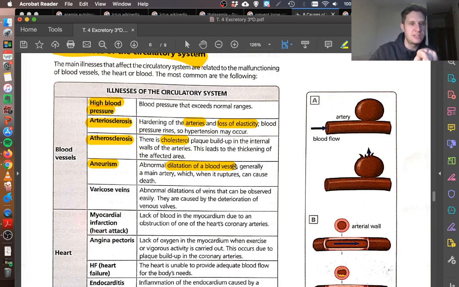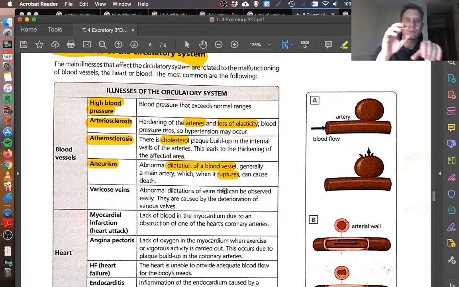And if you have a dilatation of a blood vessel, what's going to happen is that it can rupture, and when it ruptures, it can cause death because you have an artery that is broken and all the blood goes out. So the blood is not going to the organs and give them oxygen.